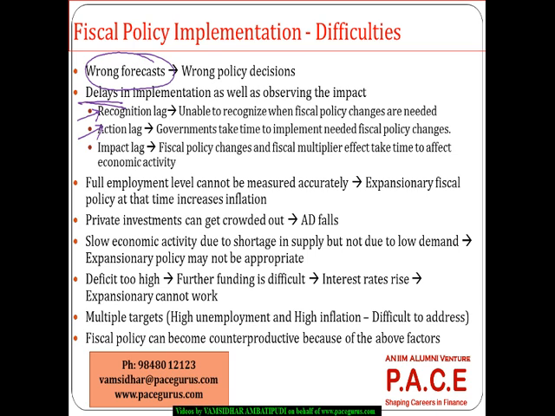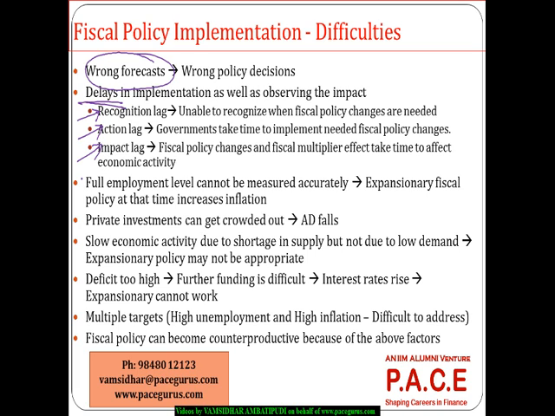So there is a time lag for action itself. And even if they have implemented some decisions, like capital spending decisions or tax collection decisions, they may take quite a long period of time to show some impact on the economy.